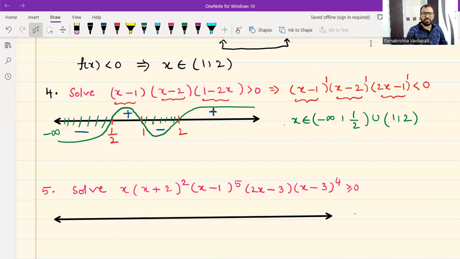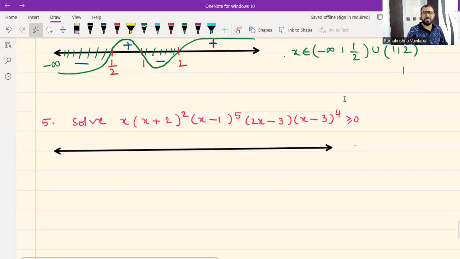Okay, now coming to the second one, solve this inequality. You see here one factor is there, x coefficient is positive and odd power. Here x coefficient is positive, here x coefficient is positive, x coefficient is positive. Now 1, 2, 3, 4, 5 linear factors are there, right?